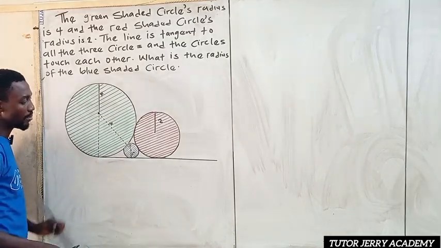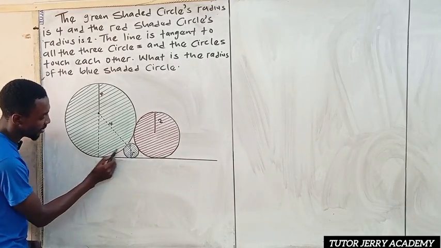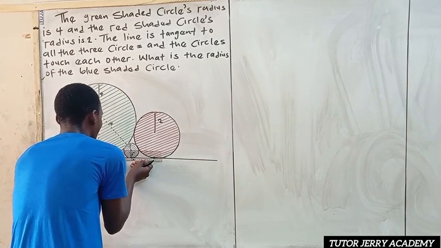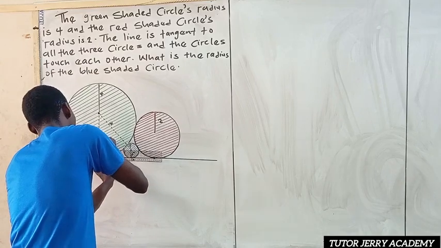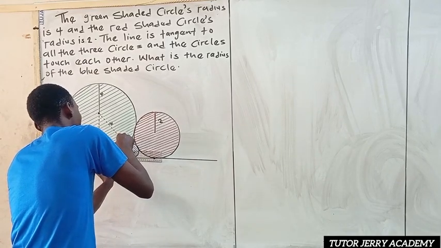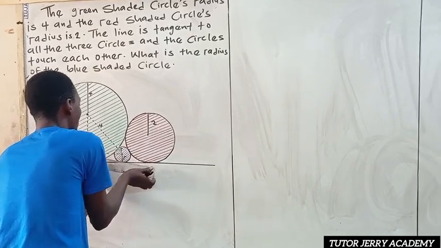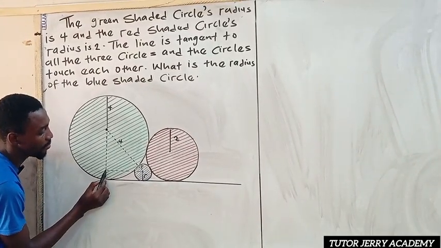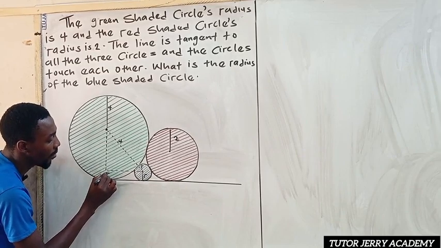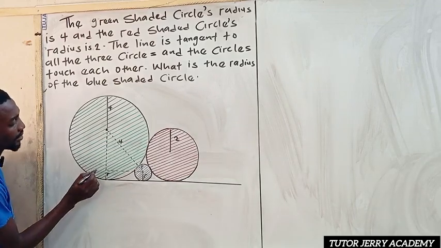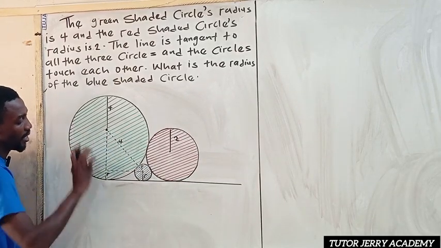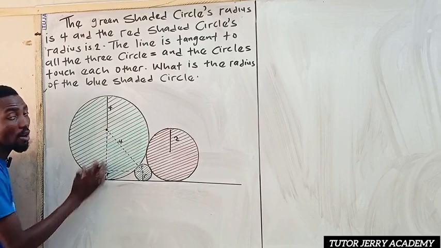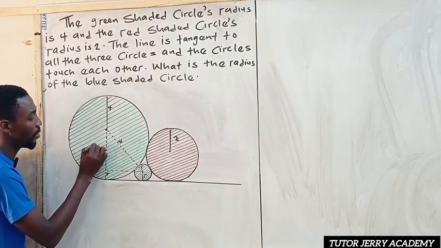But if you notice something, if I draw a straight line from here, you will observe something now. What do you observe? We can say that from this point to this point, which is R here, is also the same thing as from this point to this point, which is R. Now, we know the whole length here is 4, and this place is R. So for us to get this particular length, it's going to be 4 minus R. So this place is going to be 4 minus R.